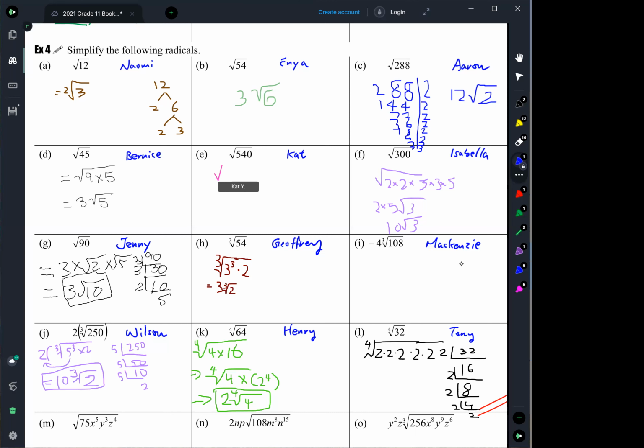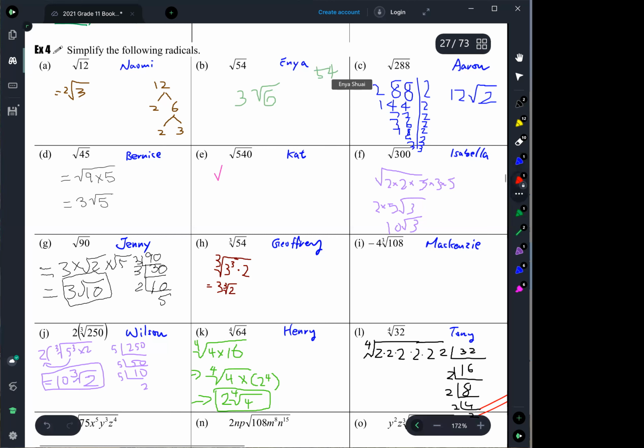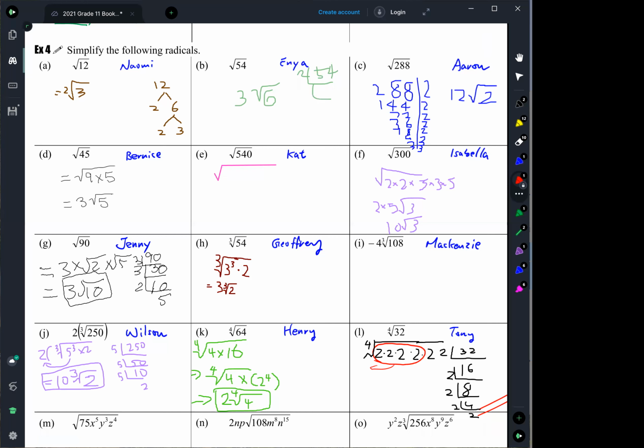Do you see anything that has 4 same numbers? 2. Okay, so this part, you have 4 twos. So those will go out. Then you think about what's left inside and what's outside. No problem.